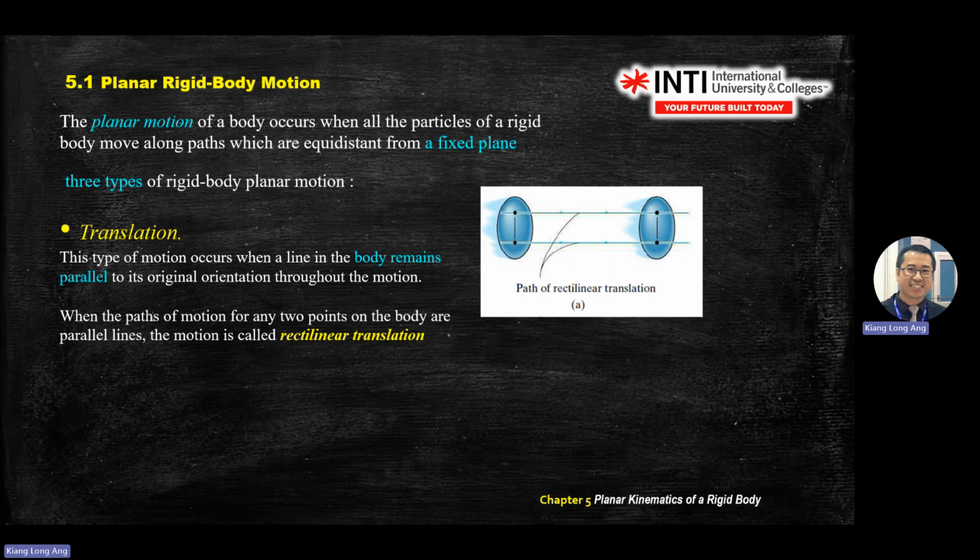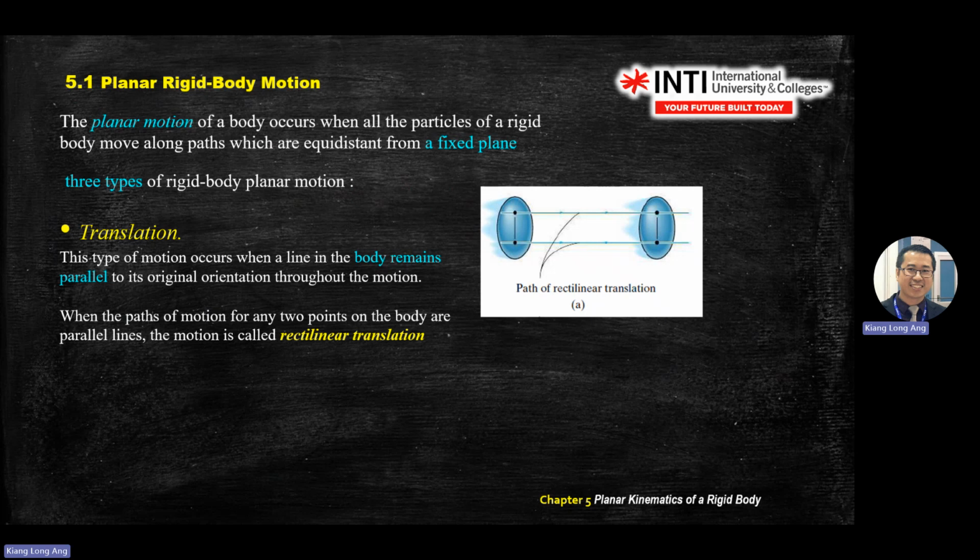When we look at a rigid body, we will see a few motions. The first motion is called translation. If you focus on these 2 points, the 2 points move in a straight line. This is called rectilinear translation.